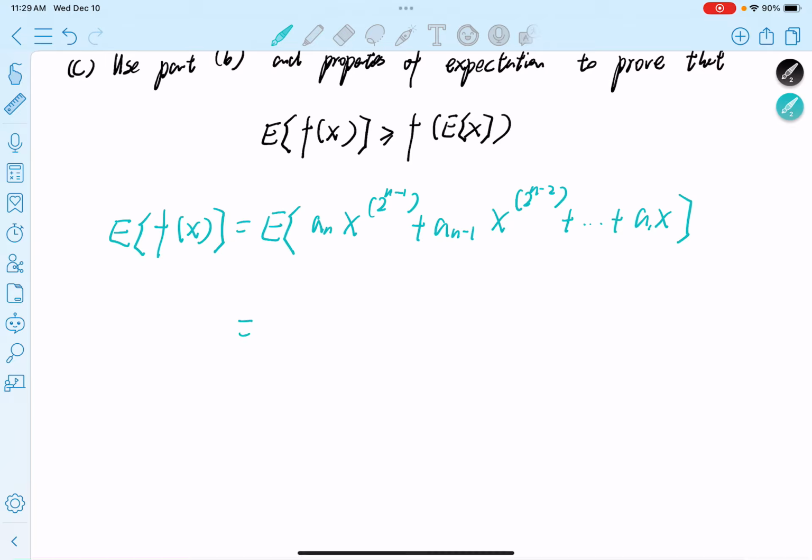Due to the linearity of expectation, we can separate each expectation.